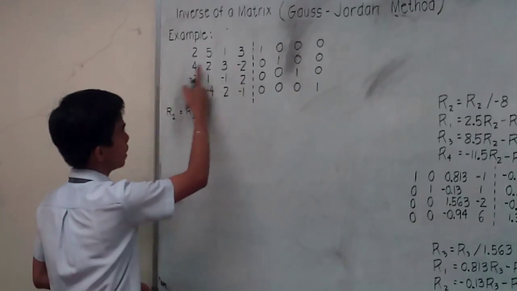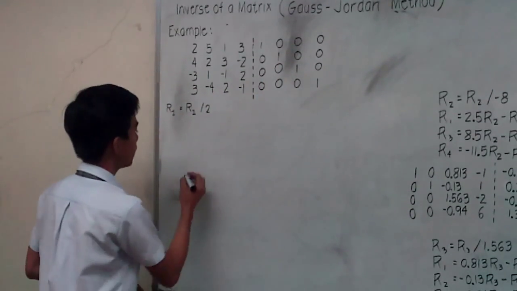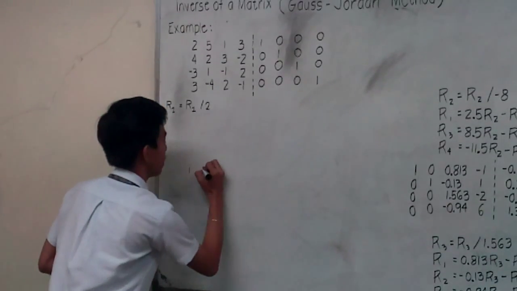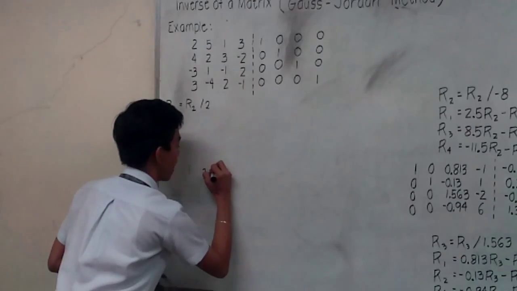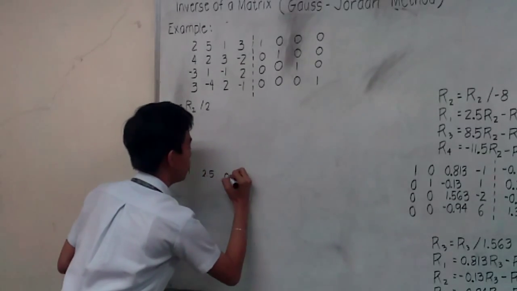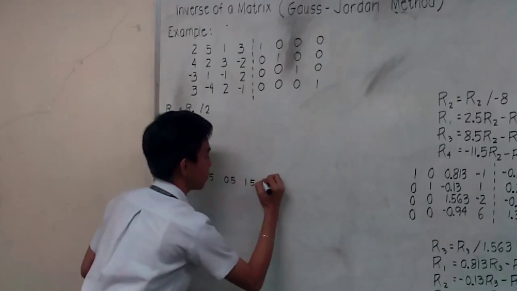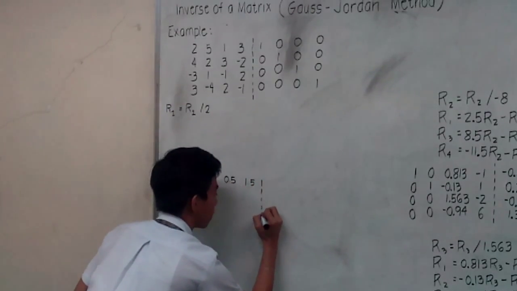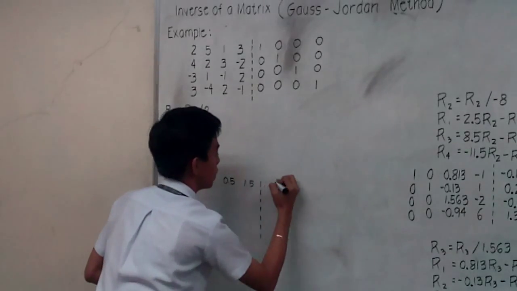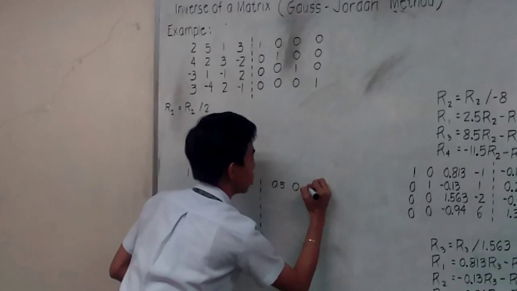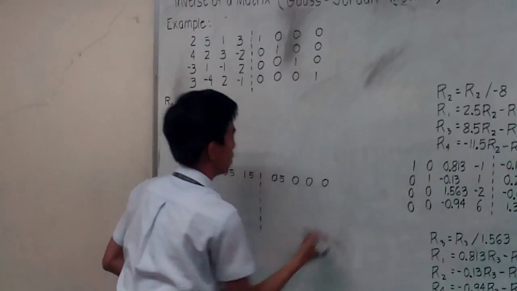As we divide the first row by 2, we will come up with a matrix 1, 2.5, 0.5, 1.5, 0.5, 0, 0, 0.